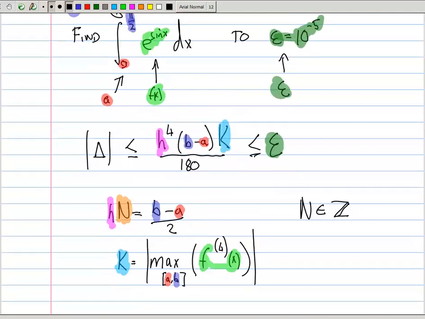We have each of our equations. The first thing that we want to determine when we're looking for our k value is the maximum value.